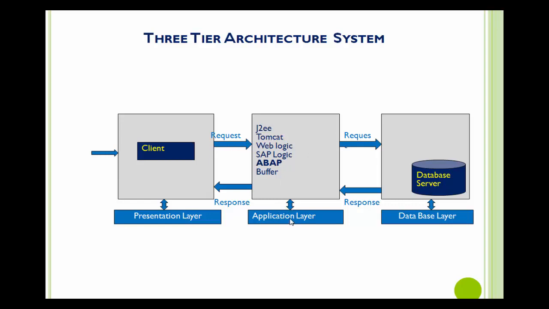The moment you connect, it connects to your application system, or server, or layer. All the time we write the logic, ABAP logic, on the application server. The moment you connect, you are connecting to the application server. For this, I have given, for example purposes, J2EE, Tomcat, WebLogic. This is not included here, but for example purposes I have provided it.